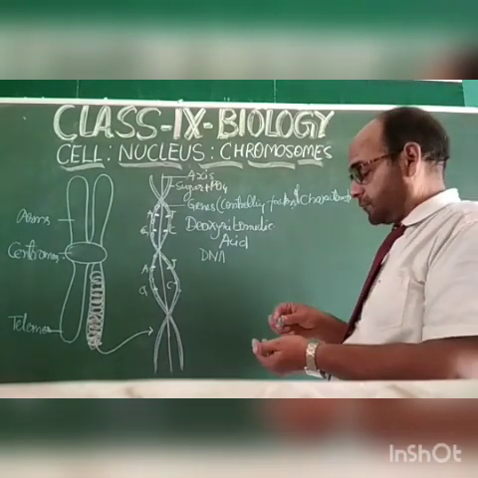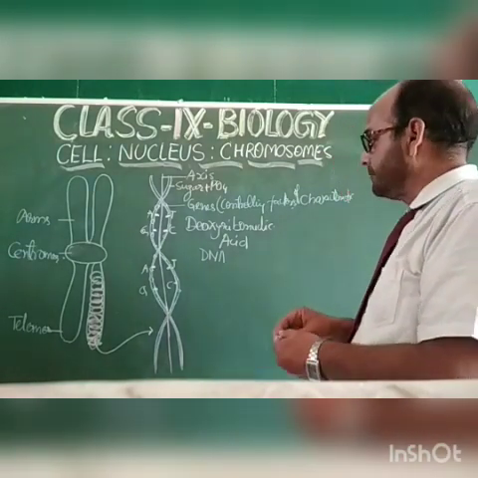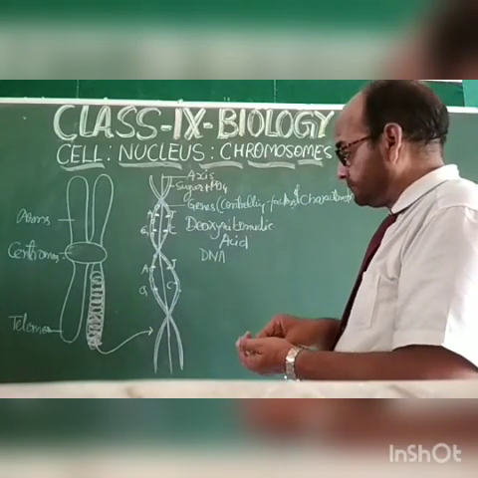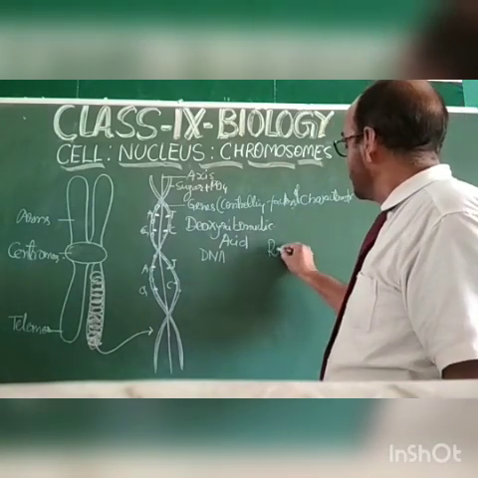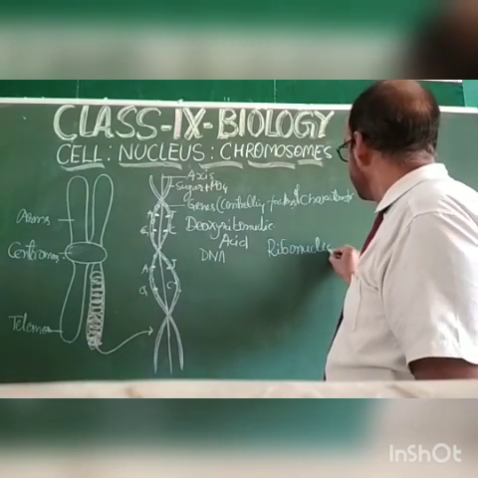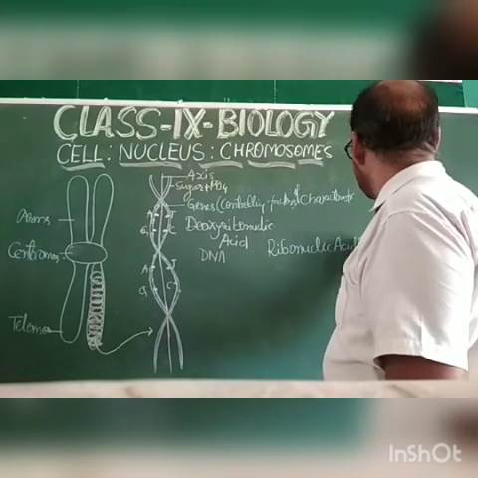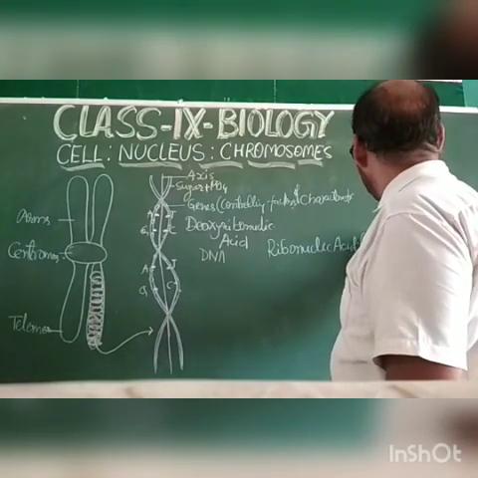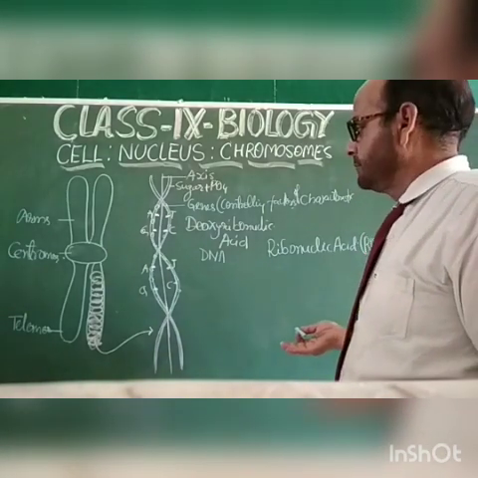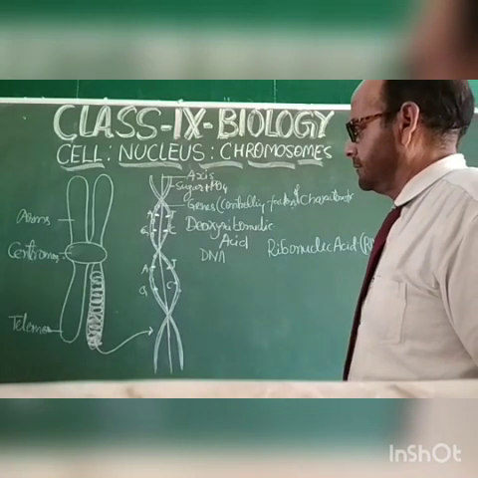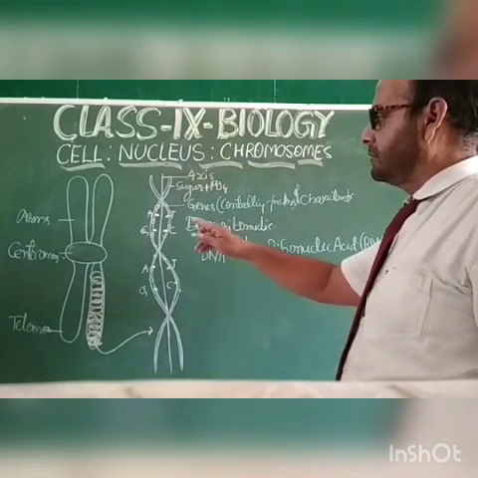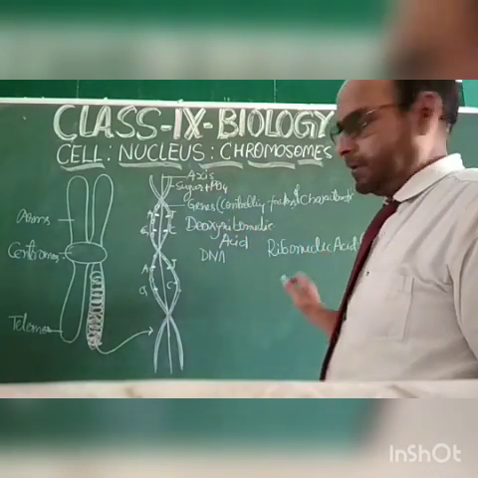Not only this, dear students, there is another type of nucleic acid, and that is called ribonucleic acid. This is RNA. It is found in the cell cytoplasm and in the nucleoplasm, near the DNA chromosome, and the number of chromosomes is fixed in a living organism.